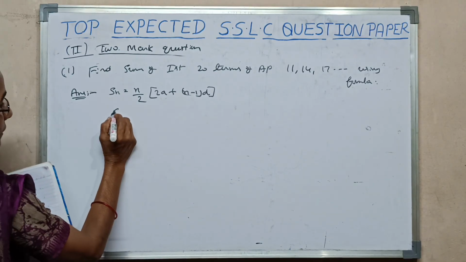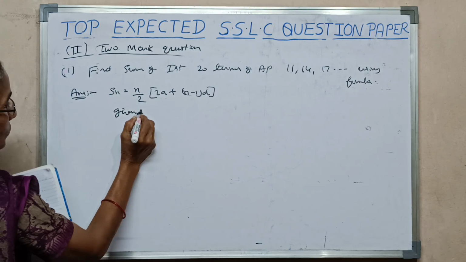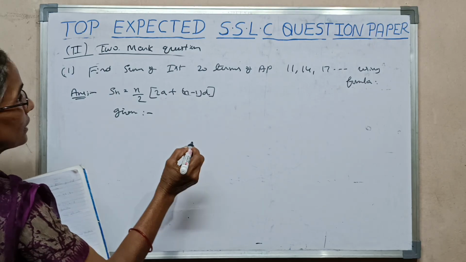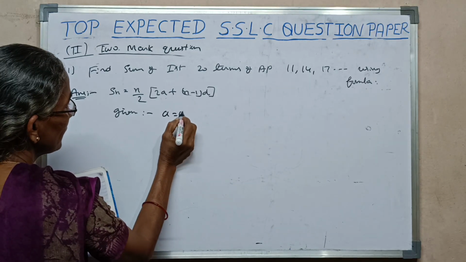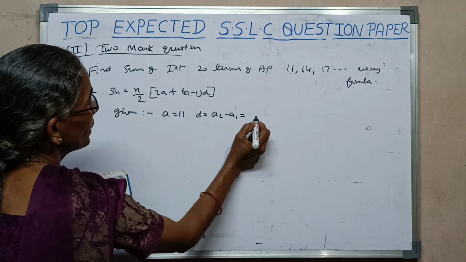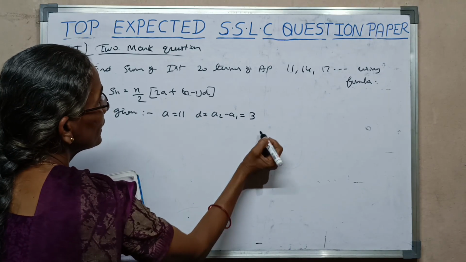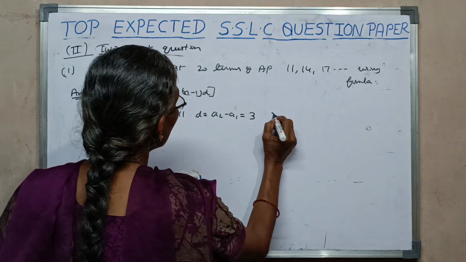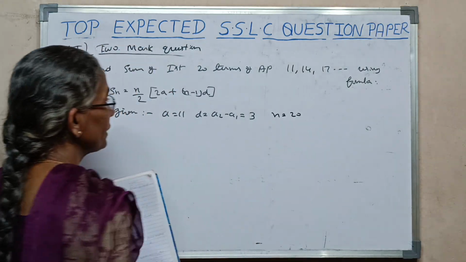Here the given terms are: a is 11, the difference is a2 minus a1, that is 3, and n is 20.